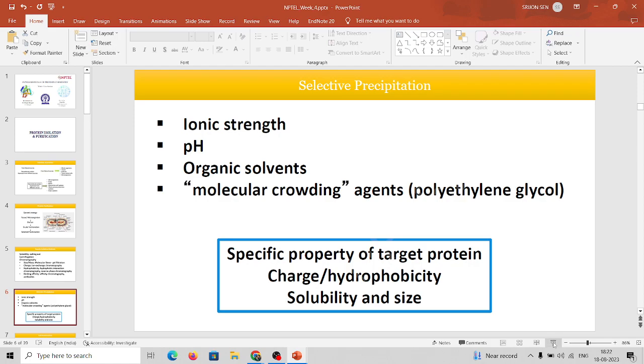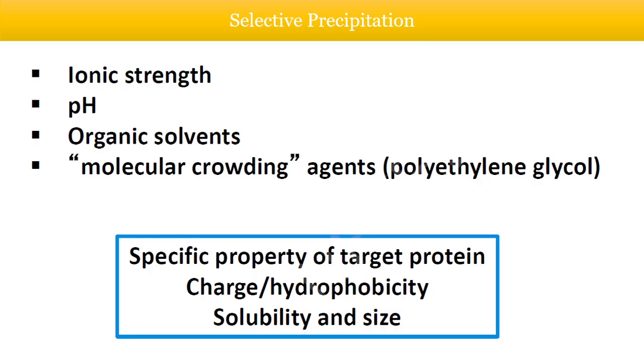If the pI value of a protein is very close to the pH of the buffer or the system that you are using, then the protein precipitates. So how can you selectively precipitate it? Not all proteins have the same pI value. So depending on that particular pI value, you set the pH of the buffer in such a manner that you can precipitate it. And after you are done with the precipitation, you can isolate that protein of your interest.